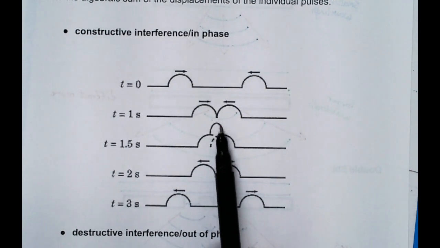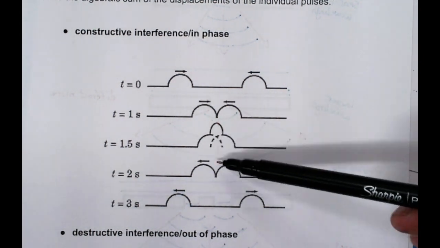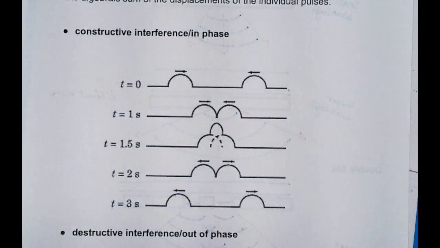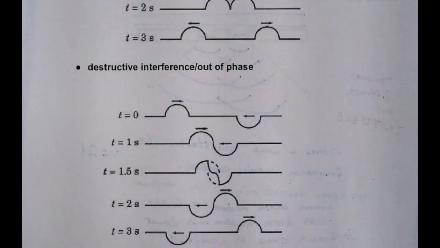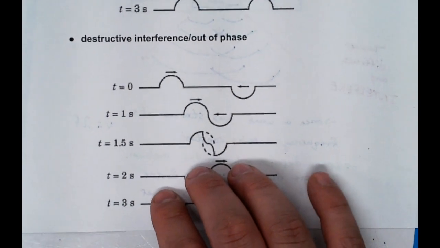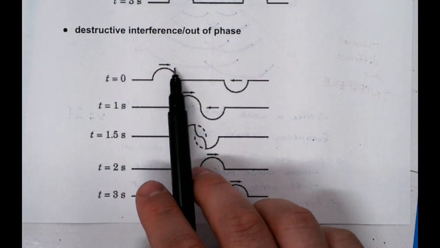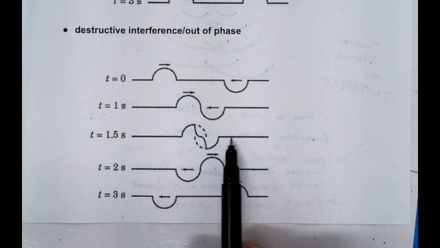In this case, we have one crest that is up and then we have one trough below. As they meet each other, they're going to balance each other out into equilibrium. And that means that once they move through, the waves are going to continue on. So again, if we look back at constructive, let's call this our first amplitude 1, and we're going to have amplitude 2.